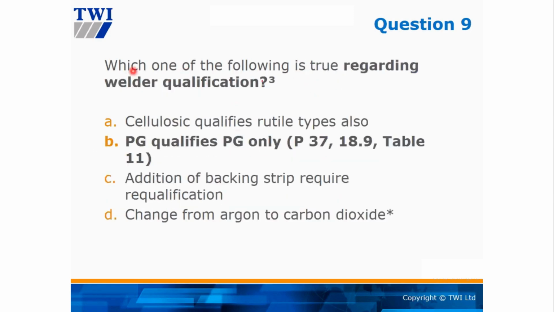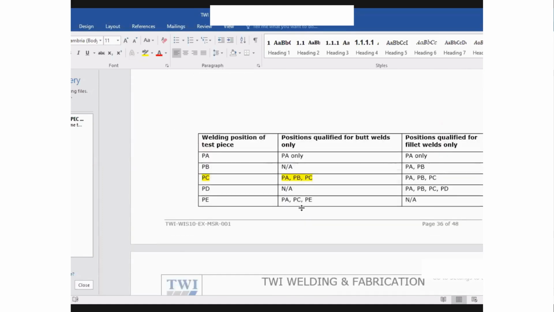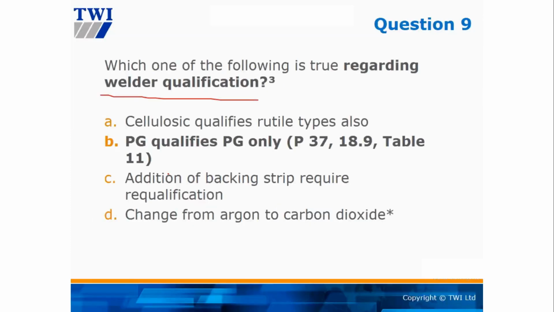9. Which of the following is true regarding welder qualification? All right, table 11. Here. Look at A, the answer, cellulose qualified rutile, so that is wrong. Addition backing strip require requalification, wrong.